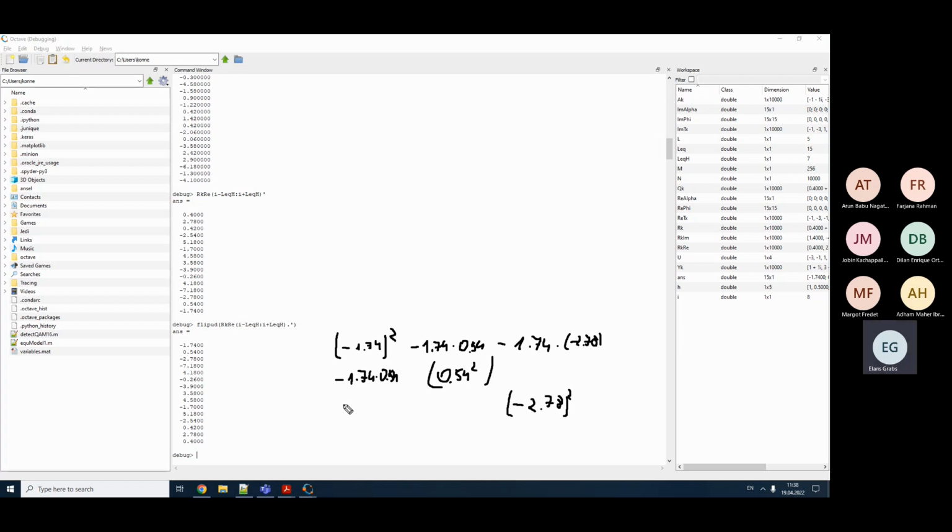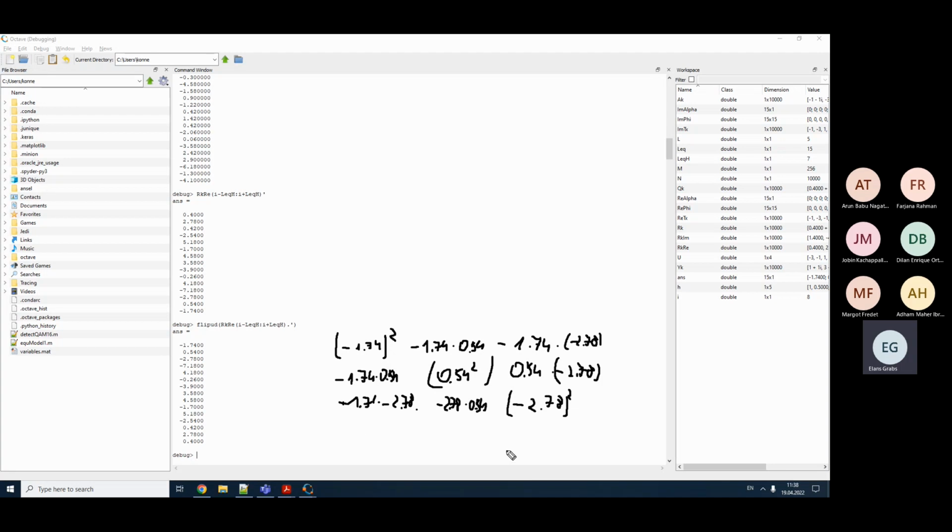And here, accordingly, we are going to multiply minus 1.74 with minus 2.78, and so forth. For this, we are going to multiply minus 2.74 with the 0.54. Here, in the second row, 0.54 with the third, minus 2.78, and so forth.